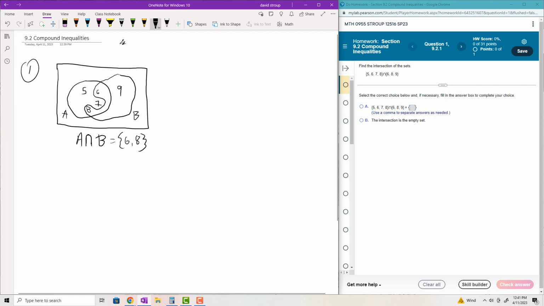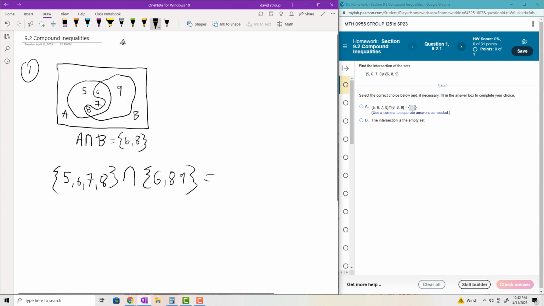Okay, so on the right there, you'll see the problem written a little bit differently. Instead of having this visual picture, what we have are just some given sets. So instead of drawing a blob with 5, 6, 7, 8 in it, you just write these curly brackets and put 5, 6, 7, 8. And then we want to intersect that set with the set 6, 8, 9. And all it means is basically just to take the numbers that are in both sets.